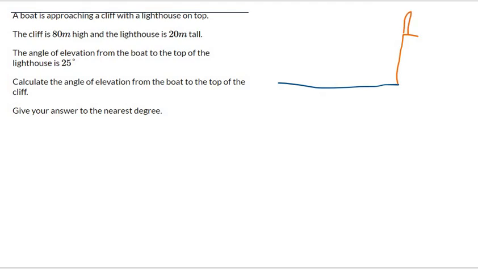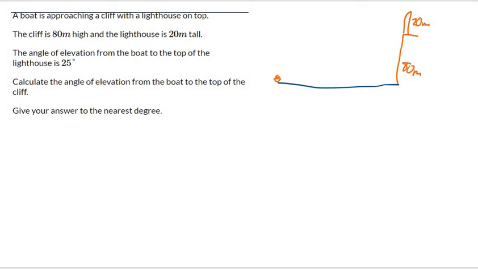We're told that the cliff is 80 meters high, and the lighthouse is 20 meters tall. The angle of elevation from the boat to the top of the lighthouse is 25 degrees.